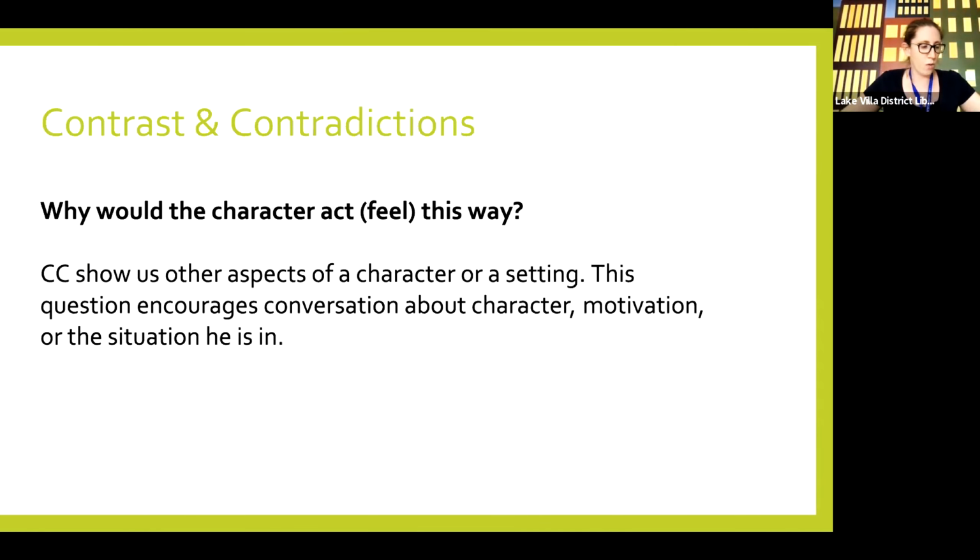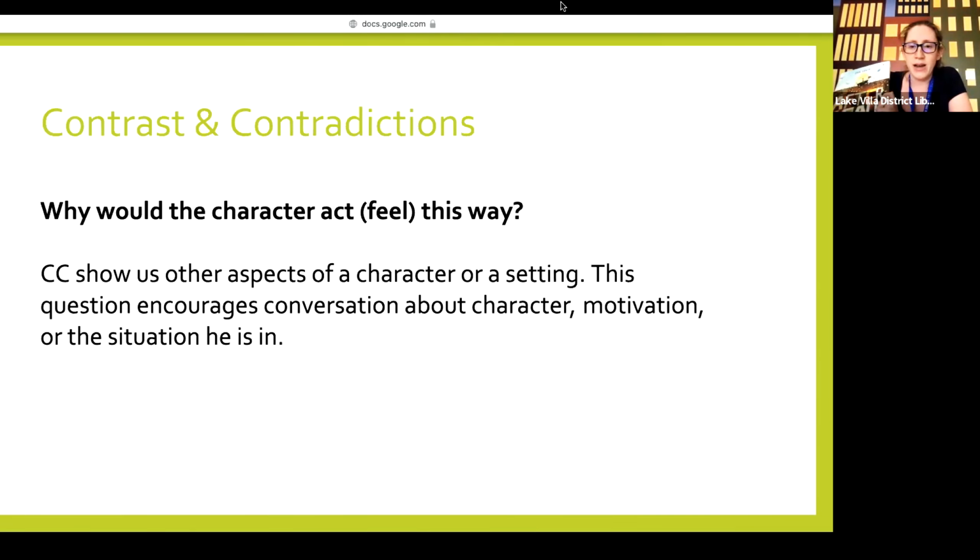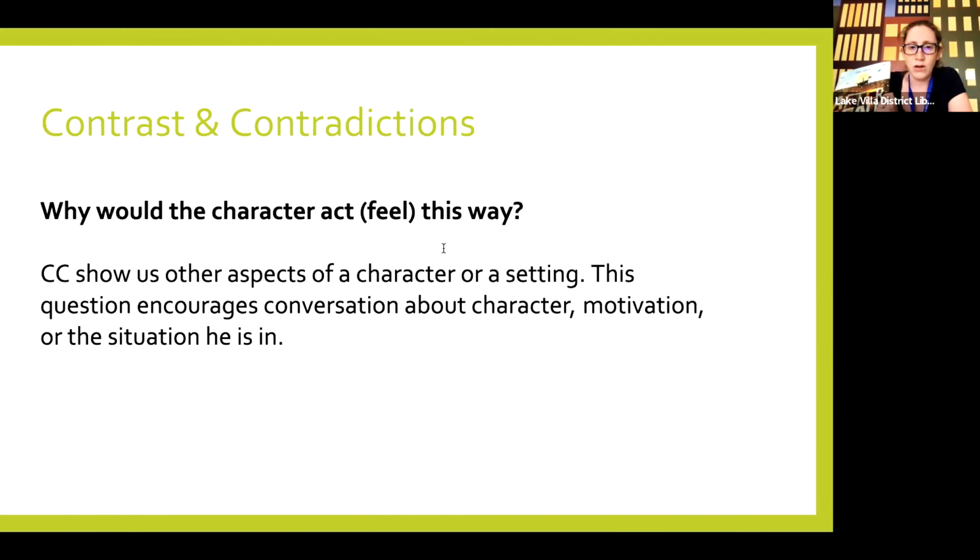Okay, so when we're looking at Humpty Dumpty, put in the chat if you noticed a contrast and contradiction. Like, what did you notice? What would be the part where Humpty Dumpty contradicts himself and what he usually does? So I'll give you guys a minute to guess which one you think the contrast and contradiction is.